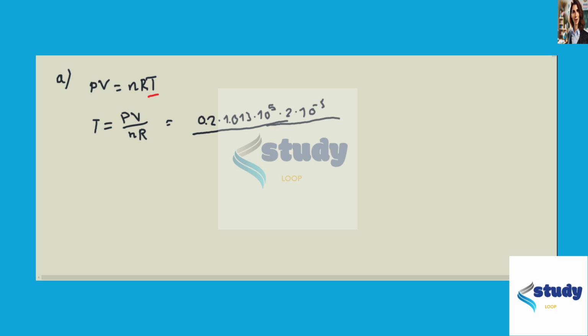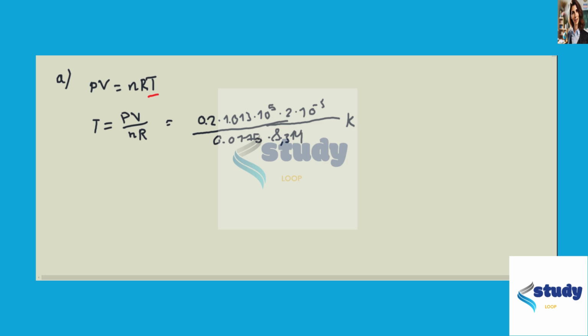This is for the meters cubed, and down there we will have 0.0175 times 8.314. And the dimensions of this are going to be in Kelvin. So when all dimensions are put together, they turn to the elementary unit for temperature.